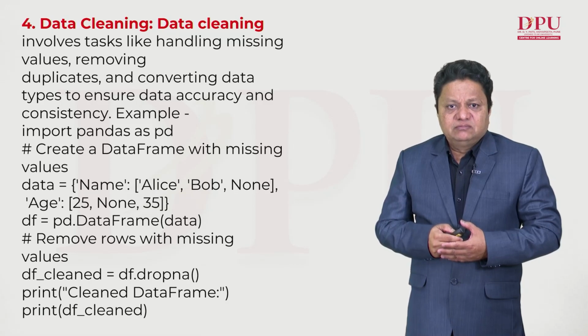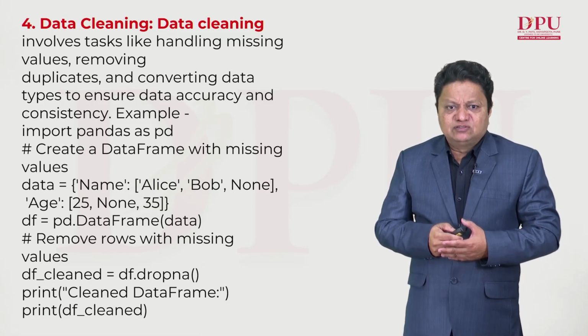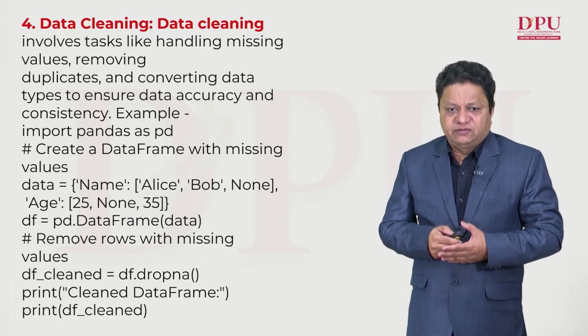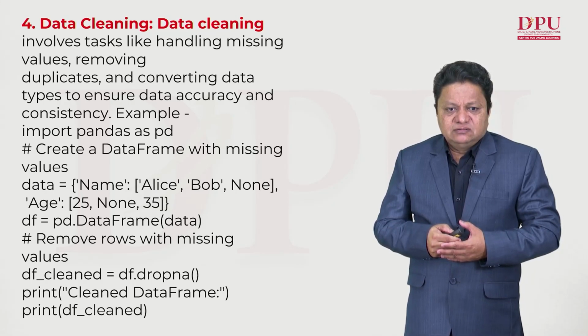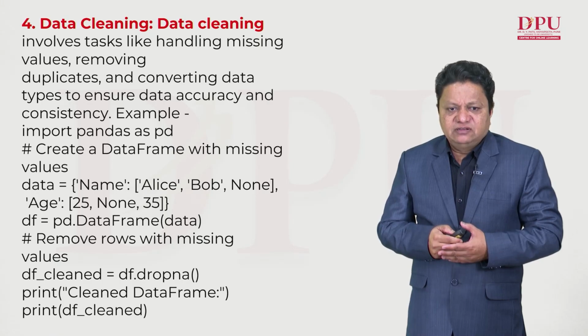Then I am creating another key value pair with key as age and values are 25, None and 35. So, here Alice is having 25 as age, Bob is having a null value, and the third has age as 35.